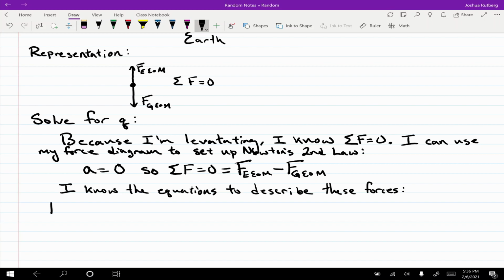So we know that because I'm near the surface of the Earth, I can say the gravitational force the Earth exerts on me is just going to be mg. The electrostatic force that the Earth exerts on me could be k q1 q2 over r squared if we were talking about the electrostatic force between point-like charges. Or it can be QE, the charge on me times the magnitude of the E field that I'm in.